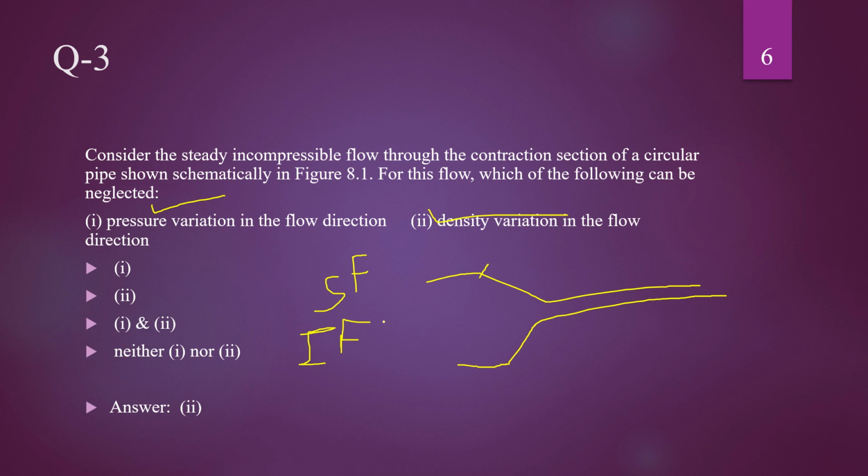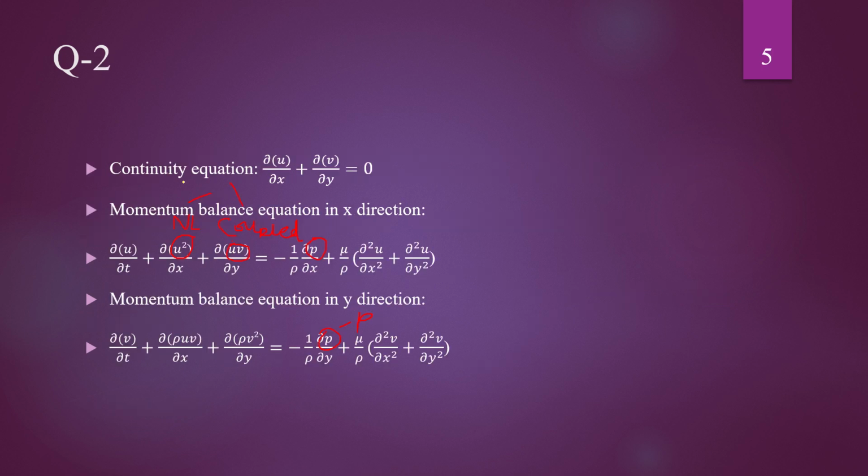Since we are dealing with incompressible flows, there would not be any variation in the density. So this can be neglected, whereas pressure variation in the flow direction cannot be neglected. This must be included in the solution of the incompressible flow. Here we already saw the continuity equation, the momentum equation in the x direction and the momentum equation in the y direction.